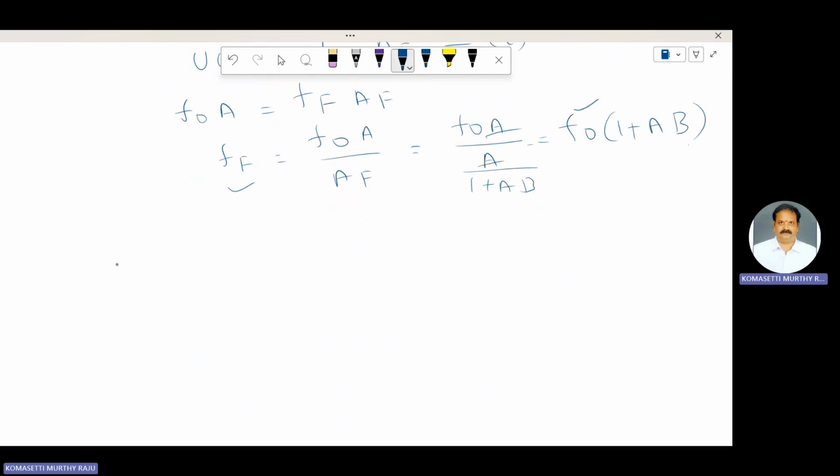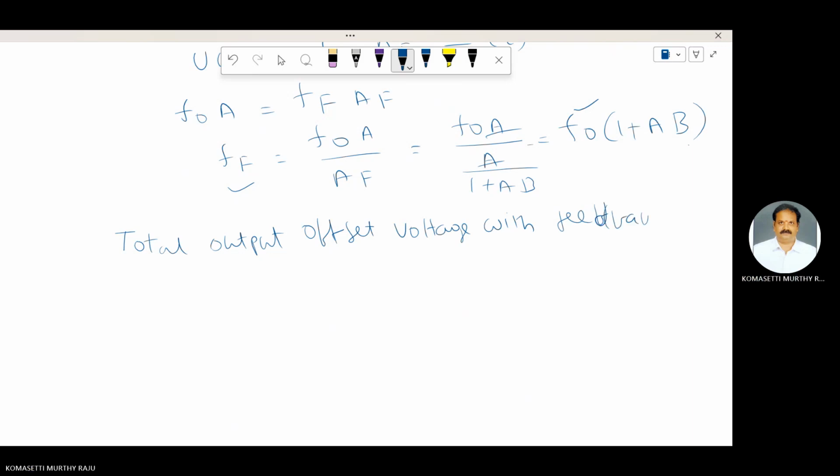One more, the last characteristic of the non-inverting op amp, is the total output offset voltage with feedback. Generally, output offset voltage is undesirable.